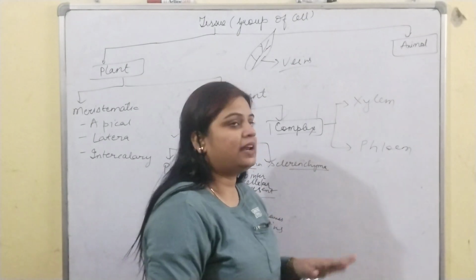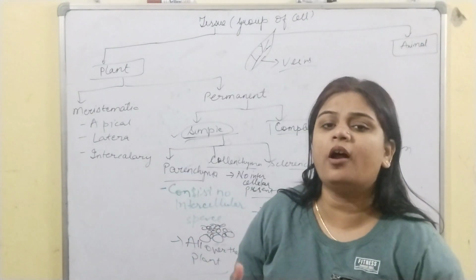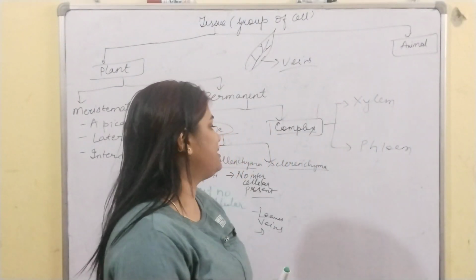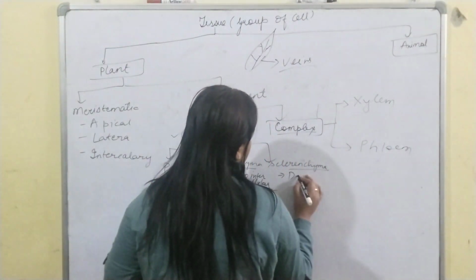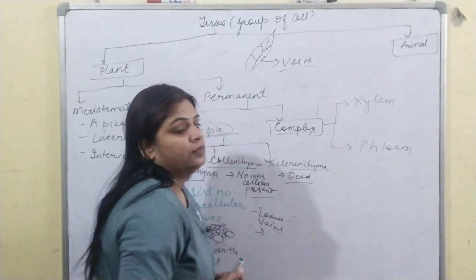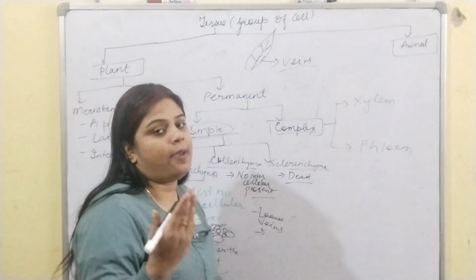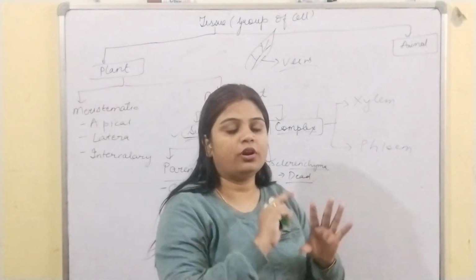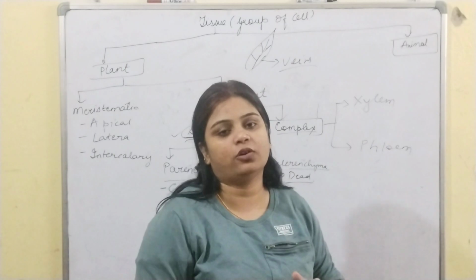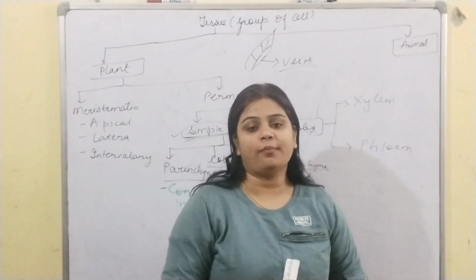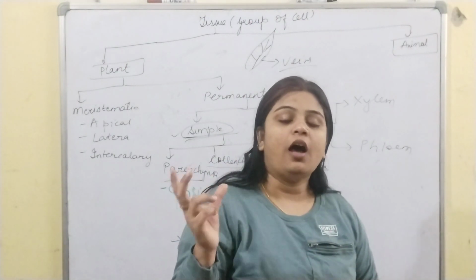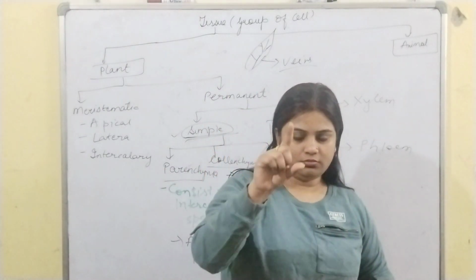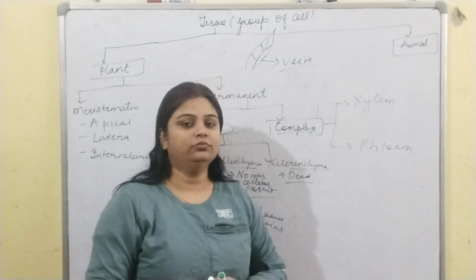And coming to the sclerenchyma. Sclerenchyma is the hardest part of the plant. We can say this is not living, this is dead tissue. You have seen the coconut, the outer hardest part of the coconut, that is the sclerenchyma. The outer shell of the walnut, akharot, is due to the sclerenchyma.